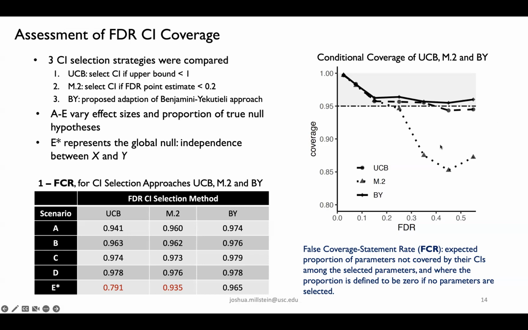So we can see that even among those scenarios with false null hypotheses, there's a substantial problem with the 0.2 approach. But the proposed approach has conservative but decent coverage across this whole range.